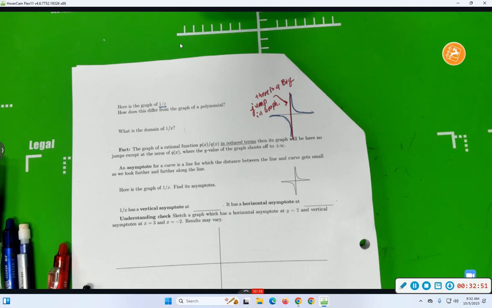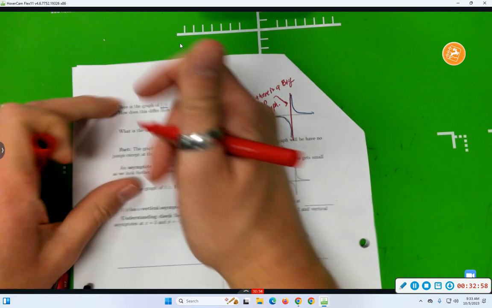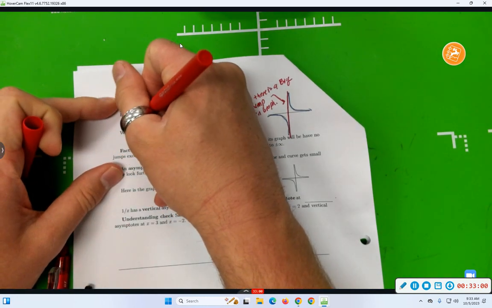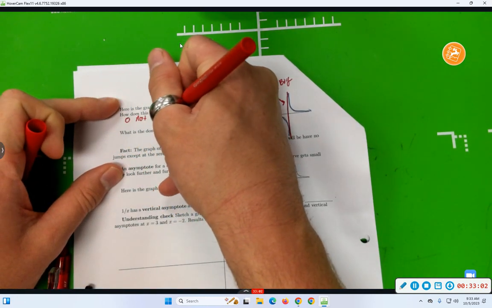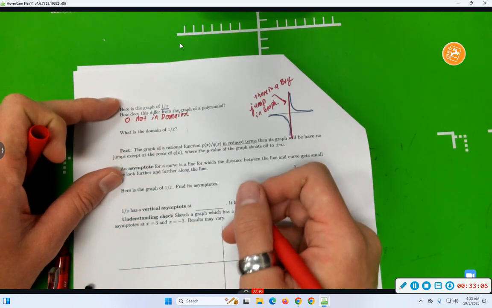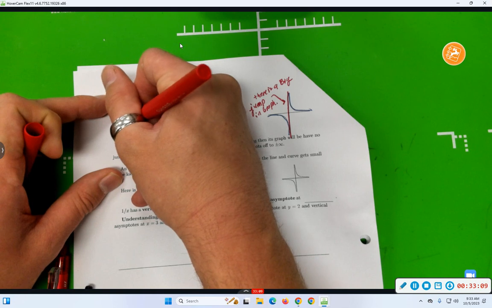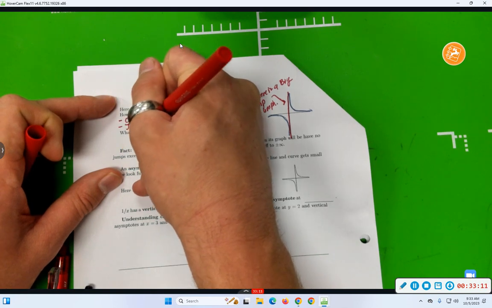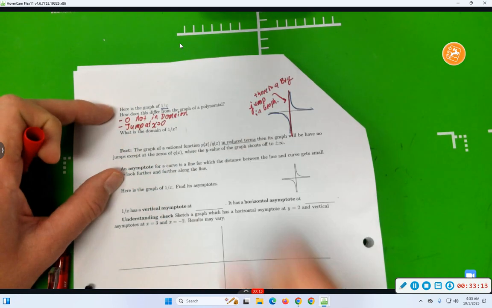You'll end up just seeing a constant. So 0 is in the domain of every polynomial. So 0 is not in the domain here, but 0 is in the domain of any polynomial. It looks like there's a really big jump at x equals 0.